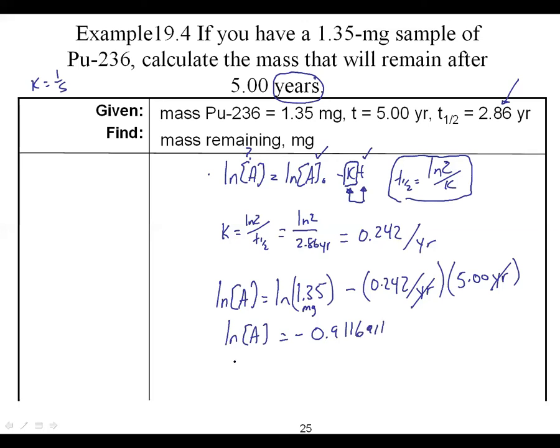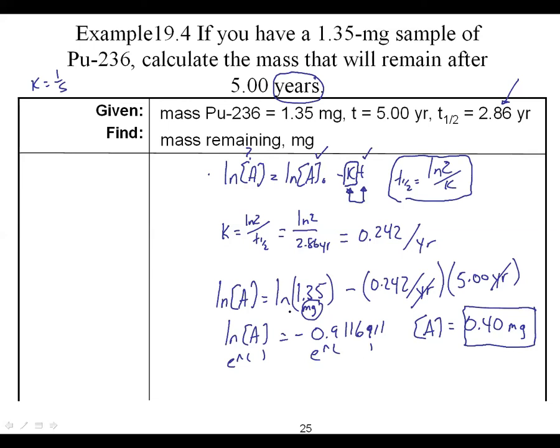Again, to get rid of the natural log on each side, we're going to e it, right? e to that. And that will give us our final concentration of 0.40, looks like 0.40. Again, milligrams would be our unit, as it was what our unit was at the beginning.